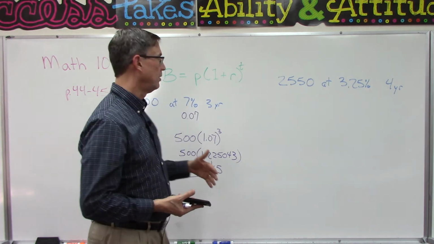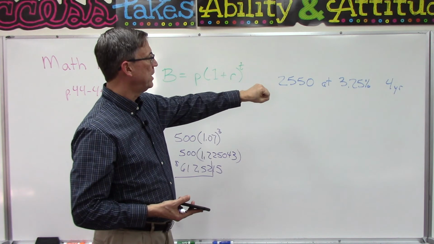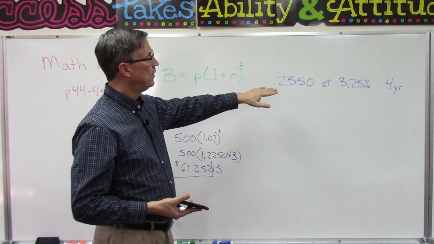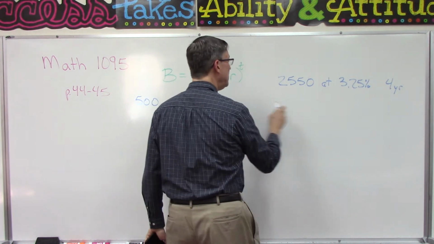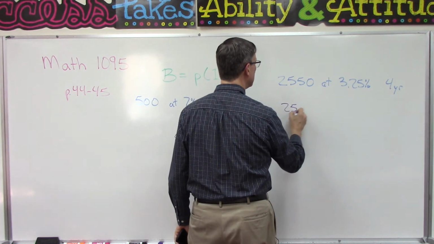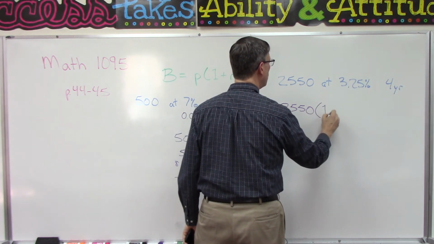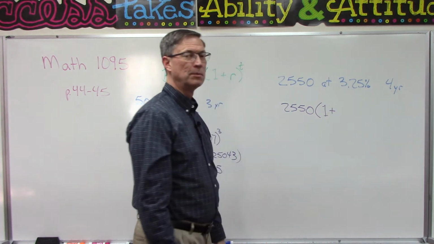All right, so we just kind of walked through to show you how they did that. Let's look at a problem now on the next page, and I just want to get you started on this one, and then I want you to finish it. All right, but again, keep your calculator handy. This is the P, so let's plug this in first. 2550 parentheses. We're going to do 1 plus, how do we turn that into a decimal?